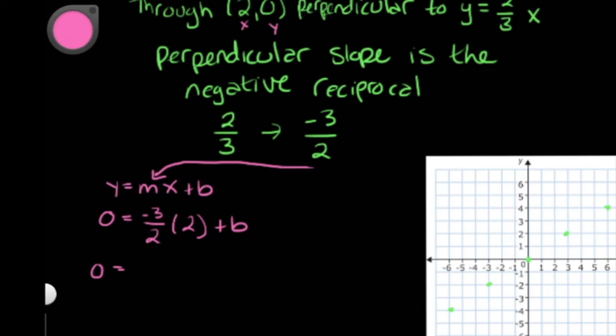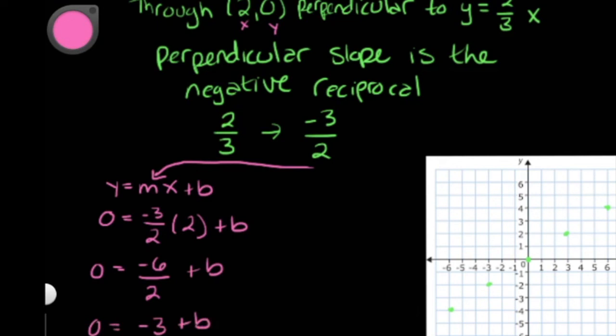So negative 3 times 2 is negative 6, and 2 times 1 is 2, plus b. Now we can reduce this fraction here: negative 6 divided by 2 is negative 3, right? So 0 equals negative 3 plus b.